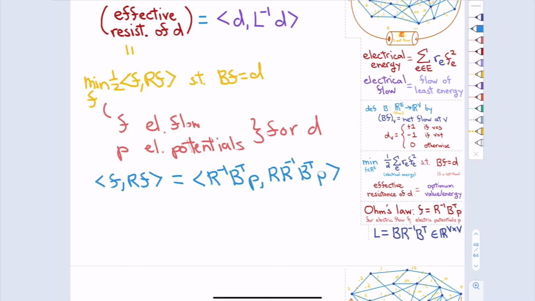It looks a little ugly. And then some terms cancel out. P, B, R minus 1, B transpose P. So it looks like what we did was we canceled out one pair of R's, and then we threw one R minus 1 to the other side, and then the B transpose flipped over to a B.